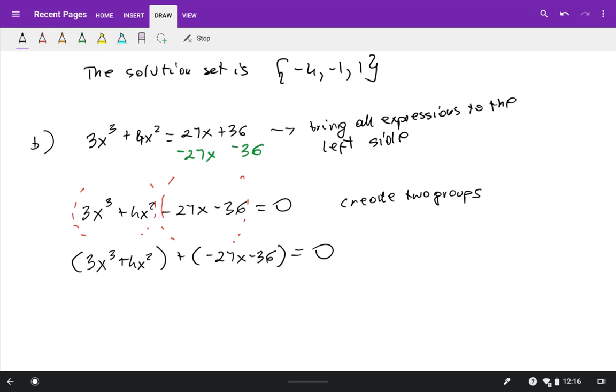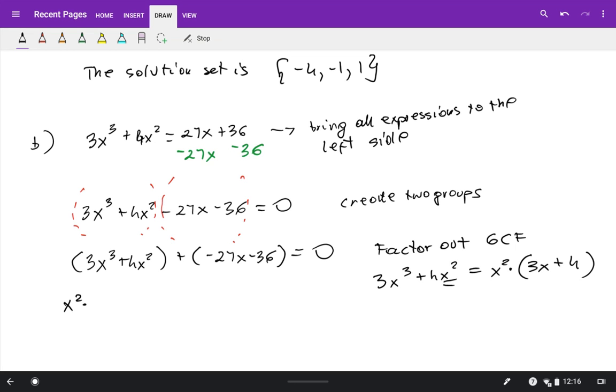Now what you're going to do is factor out the greatest common factor, GCF. So for 3x cubed + 4x squared, the GCF in this case will be x squared, and that will give you 3x + 4. So I will rewrite this as x squared times (3x + 4).